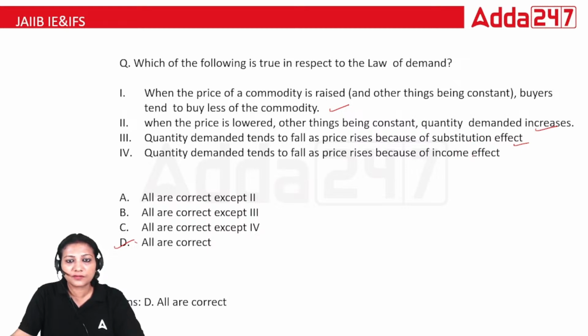Like if the vegetables are expensive, then we will switch more to pulses. And because of the income effect, when the price rises, we feel that our income has reduced.